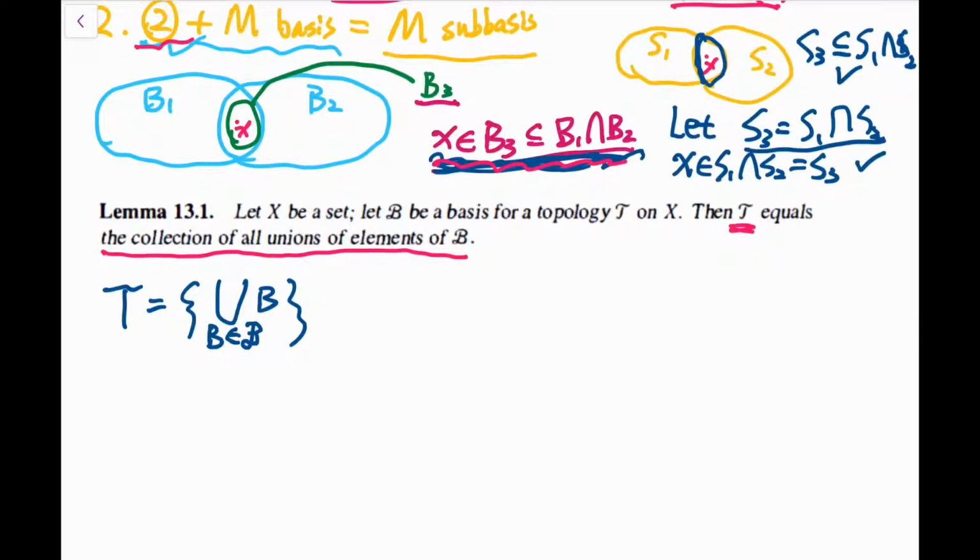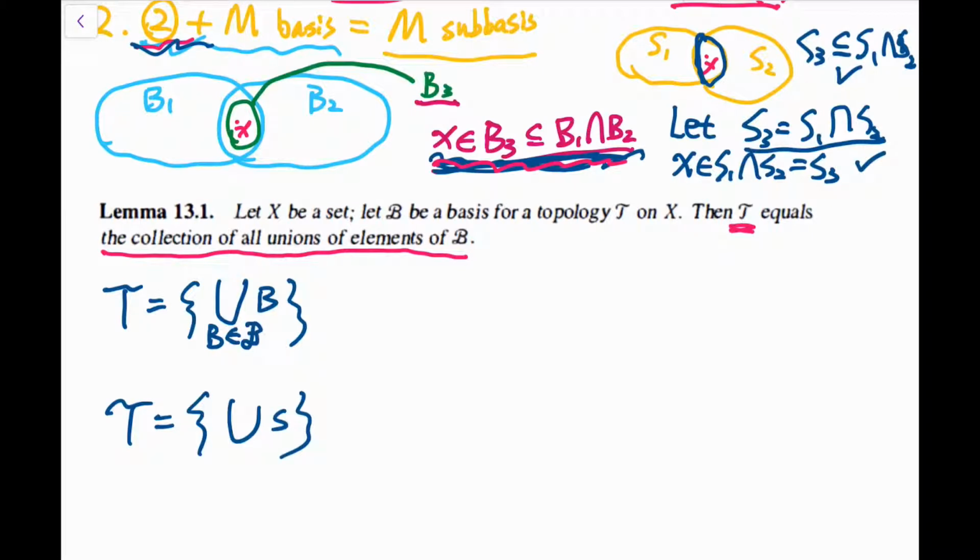If we want to generate the topology from the subbasis, we need to do the union of S, and we need to know what S is. S should be the elements of the modified subbasis, which satisfy the second property of the basis.